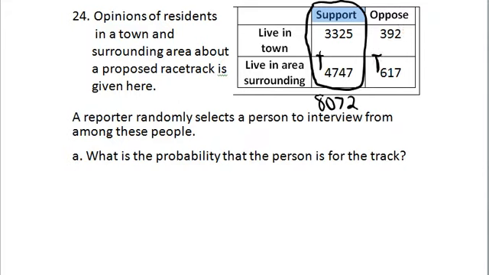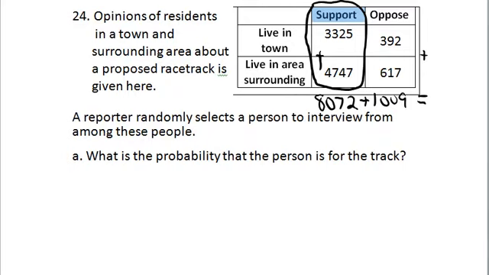And if you add those two numbers, you get 1,009. And I'm anticipating you're probably going to need the grand total, which is just the sum of everybody.